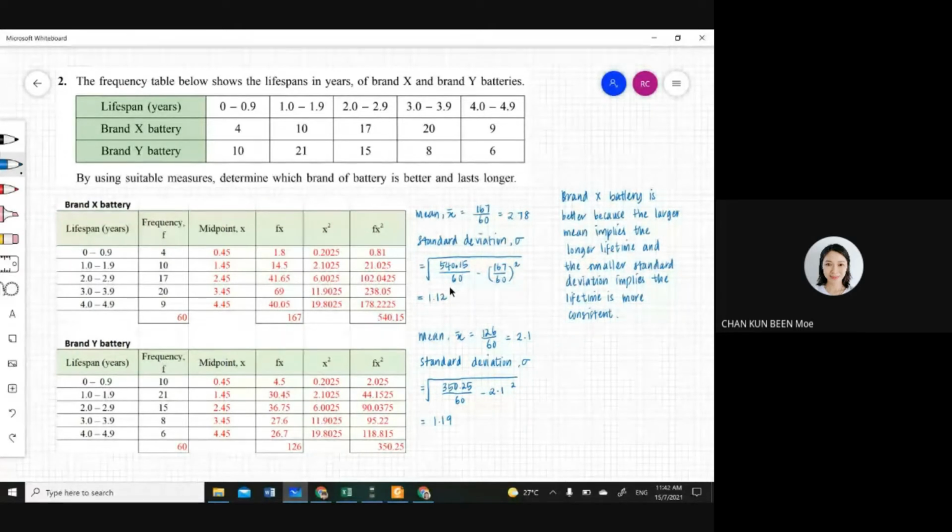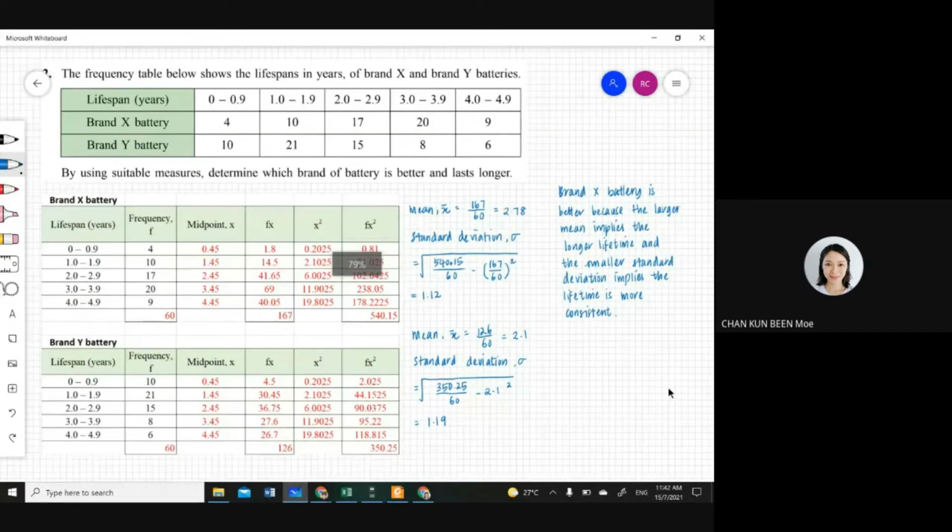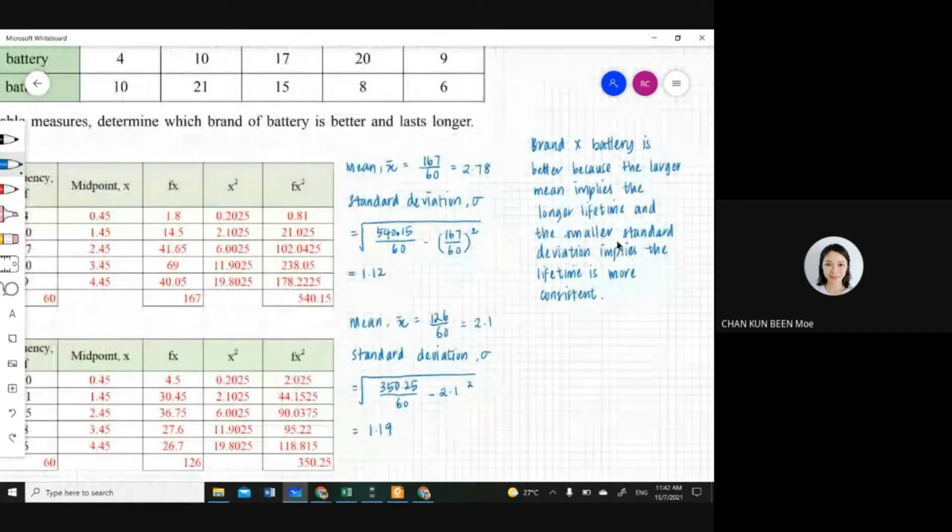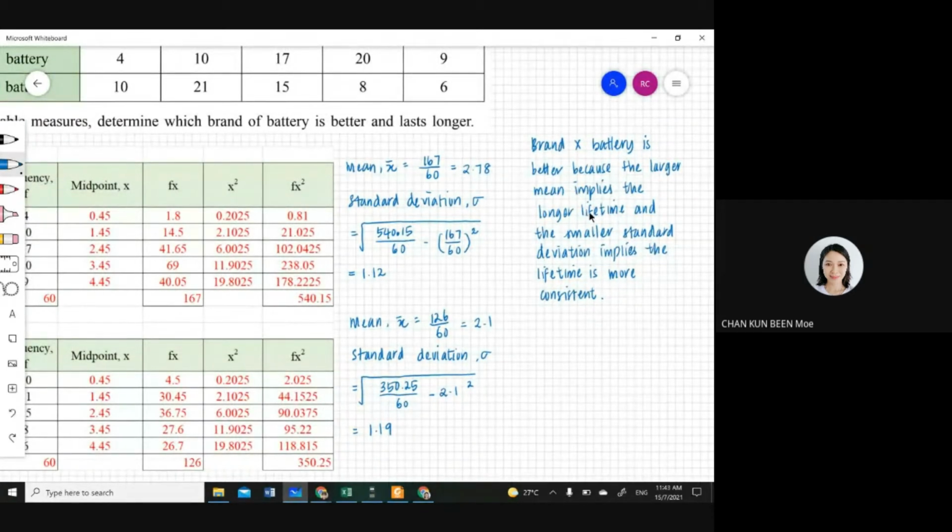That is how you answer the question. If you really don't know how, you can refer to the back of the book: brand X battery is better because the larger mean implies a longer lifetime, and the smaller standard deviation implies the lifetime is more consistent.